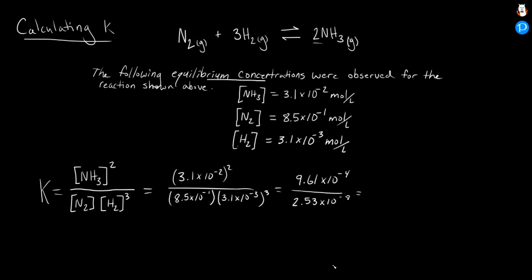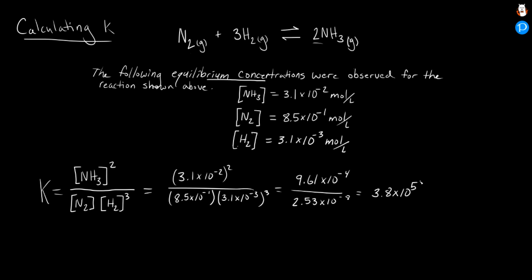And let's divide these values and see what we get. 9.61 times 10 to the negative 4 divided by 2.53 times 10 to the negative 8. And so I'm going to put this in scientific notation: 3.8 times 10 to the 5th.